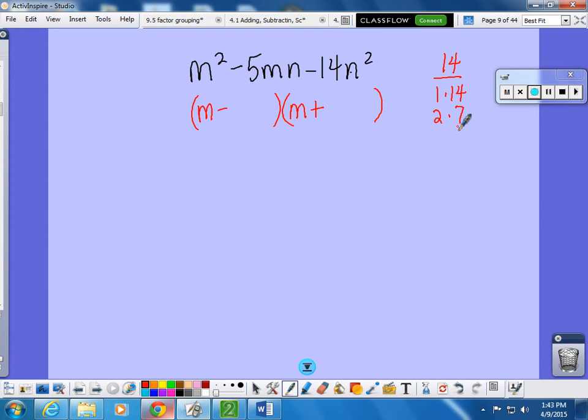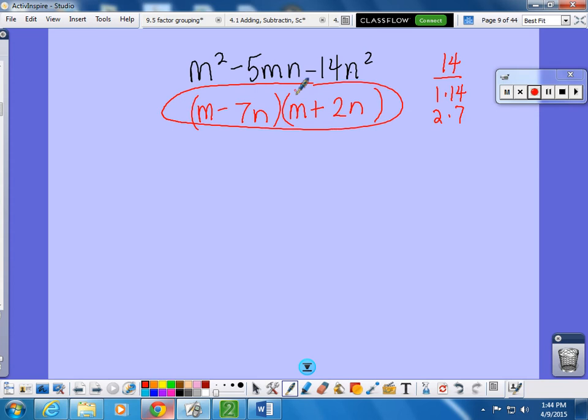Which ones subtract to give me 5? 2 and 7. All right, which one needs to go with the negative? The 7. But 7 doesn't go by itself because I need an n squared at the end, right? So this would just be what? 7n. I mean, not 7, 2n. You're right.